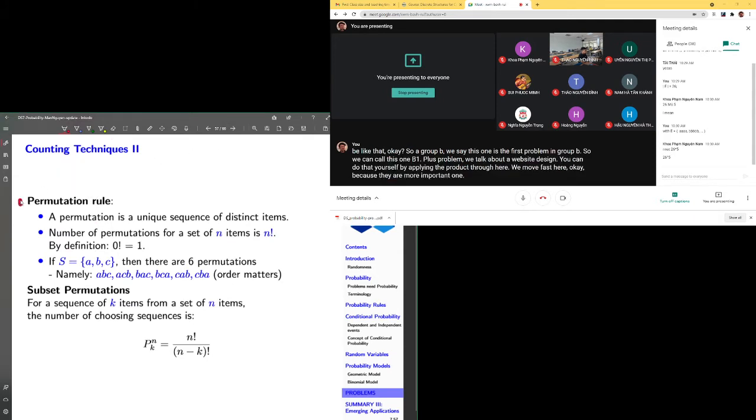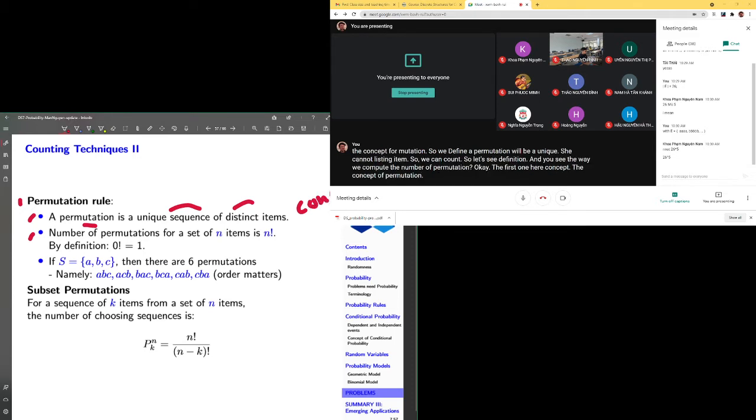About the permutation rule, we have to remember originally what the concept of permutation is. So we define a permutation as a unique sequence of distinct items. So we can count. This is the definition, and this is the way we compute the number of permutations. The first one is the concept of permutation.